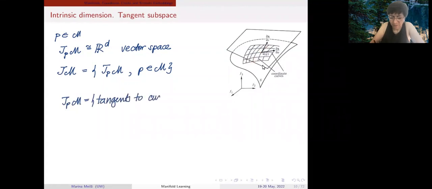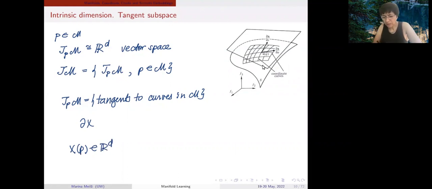And in particular, some of these tangents are tangents to the coordinate curves. These are written as dx. So x of P is in R^d, and so it's a vector. To be consistent with the picture, let's denote x of P as (u, v), for example.